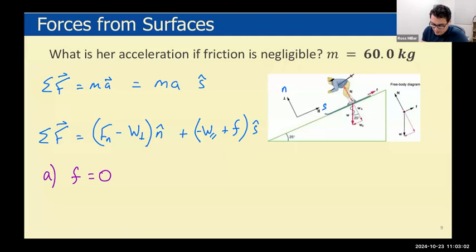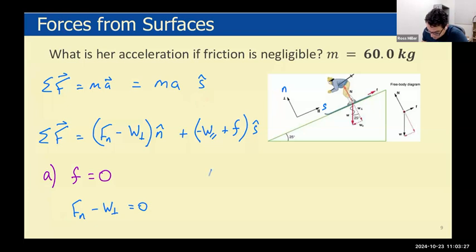Okay, so I can say Fn minus weight perpendicular equals 0. This comes from the fact that there's only acceleration in one of the directions that I picked for my coordinate system. That's fine.